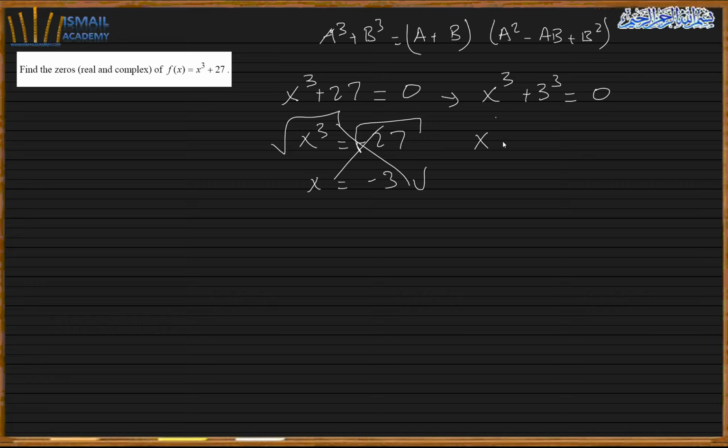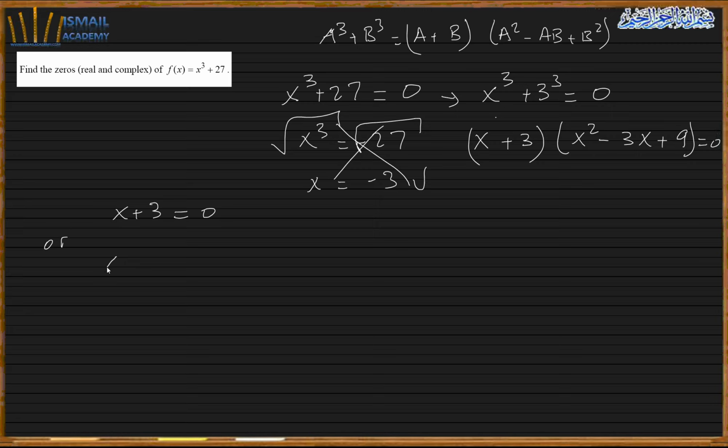So it's going to be a plus b times a squared minus a times b plus b squared, which is x squared minus 3x plus 9, equals 0. Now what I do here, I have two equations, x plus 3 equals 0, because the product equals 0, one of them is 0. So I make the first one equal 0, and the second one equals 0, but I put OR.